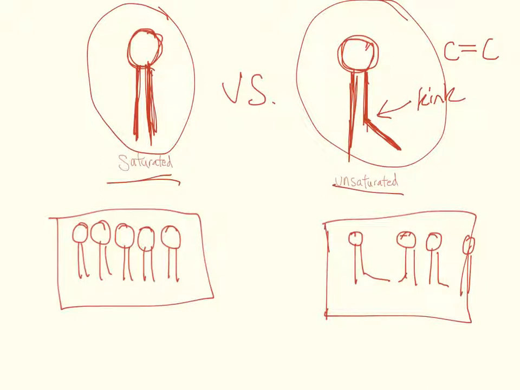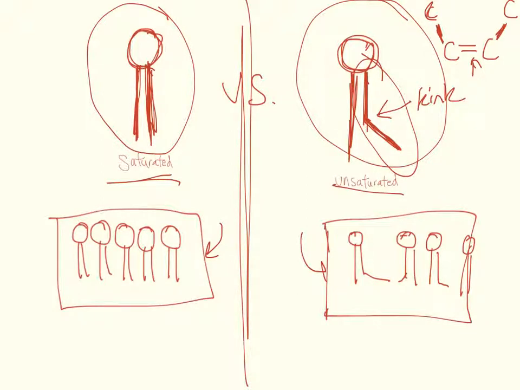And so what you have is this weird shape that occurs within the tail. And in this hydrocarbon tail, I've only drawn 1 kink, and so there's only 1 double bond. But there are other cases where you can have multiple double bonds within the hydrocarbon tail, and you'll see multiple kinks.